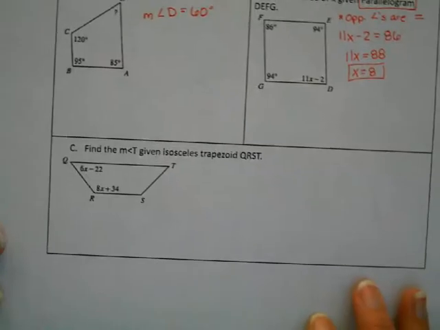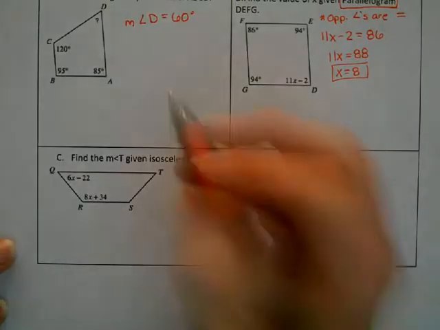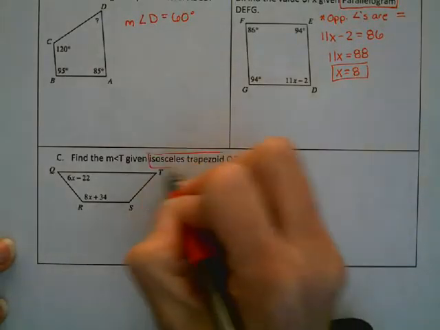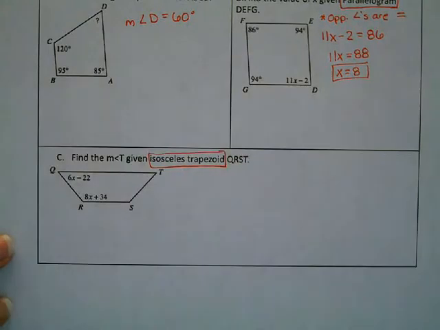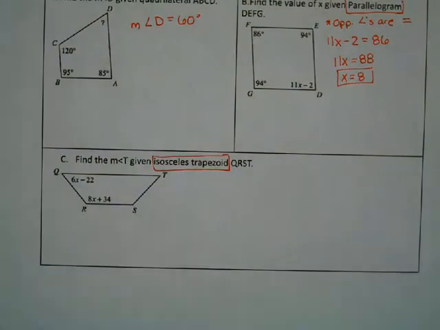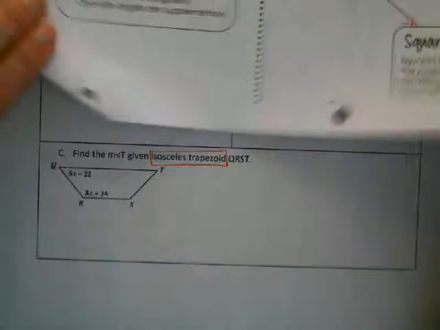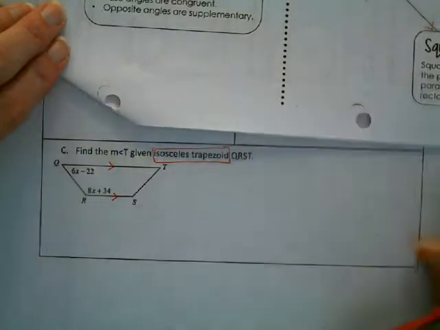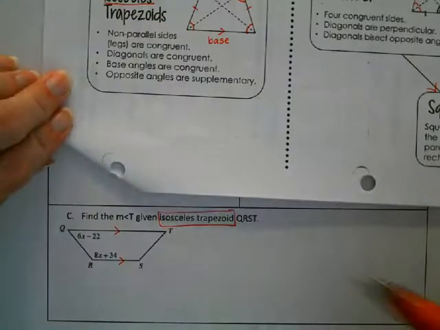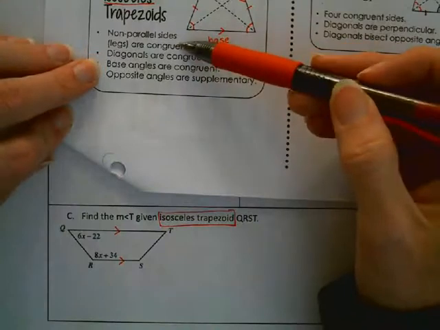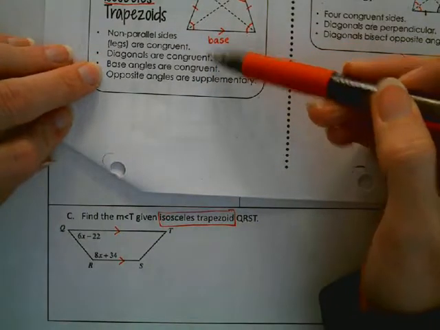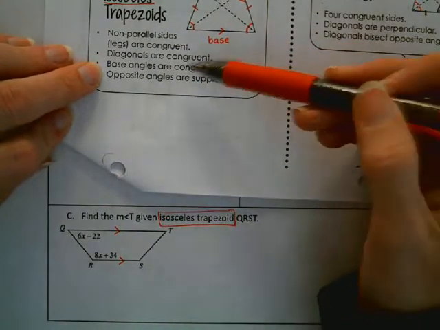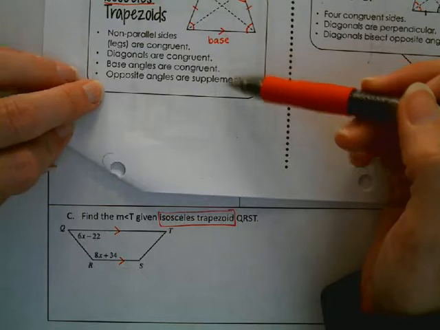This one is called an isosceles trapezoid. So we would look then over at our paper. In an isosceles trapezoid, we have this side is parallel to that side. This talks about sides, this talks about diagonals. These are base angles. Base angles are congruent. And opposite angles are supplementary. But here's the deal.